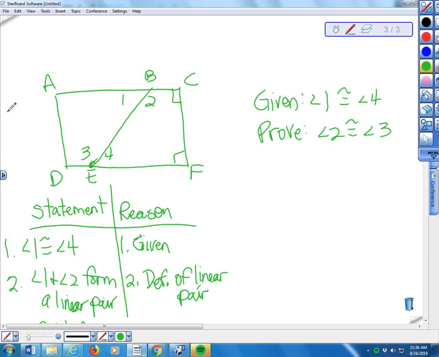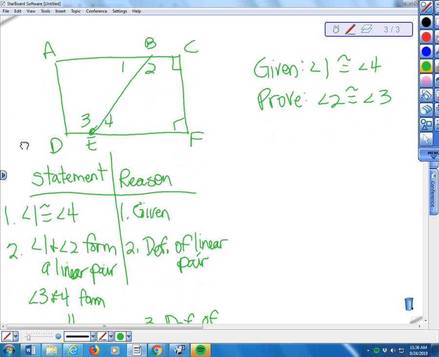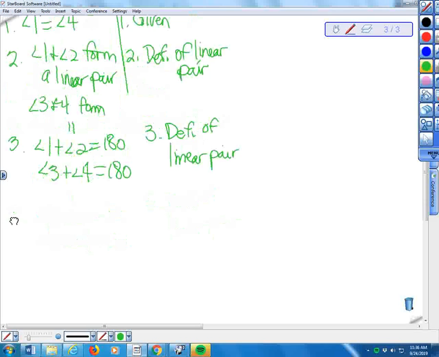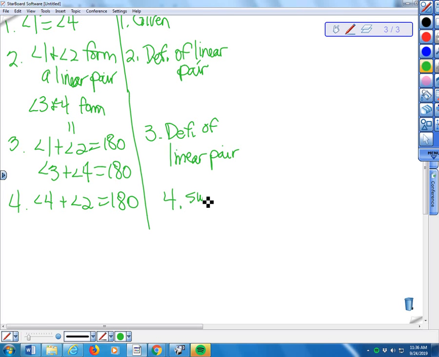Okay, so we know these two are 180. These two are 180. We know that angle 1 and angle 4 are equal. So like in the last proof, I could go ahead and substitute, that's the substitution property.